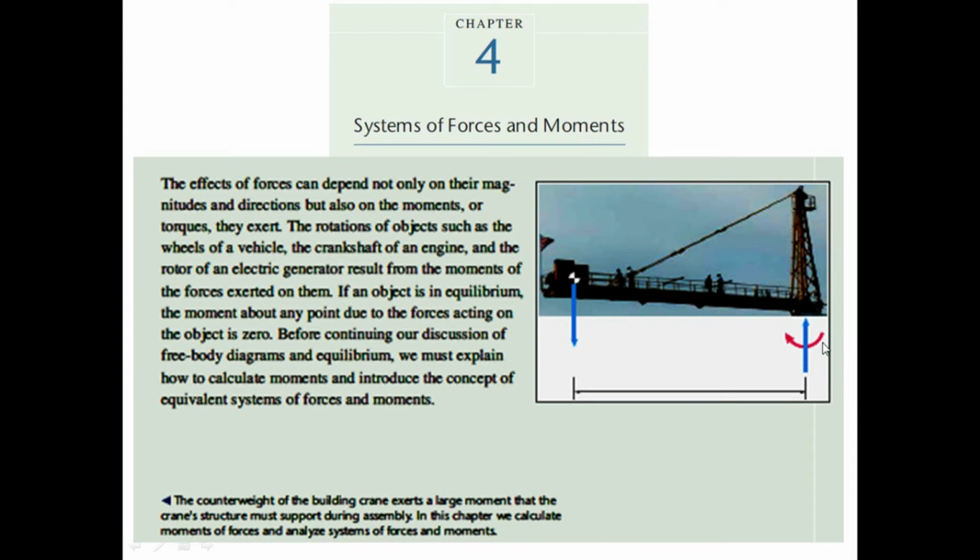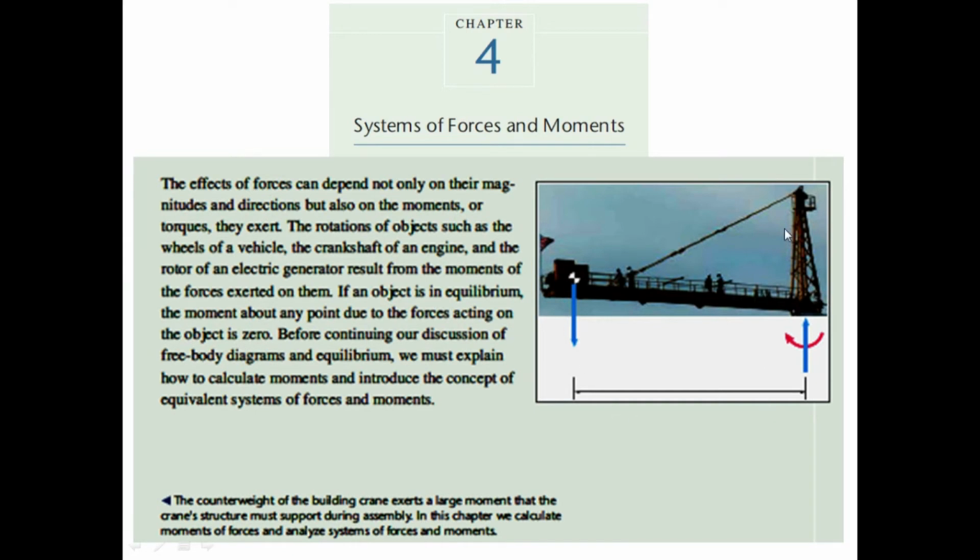It is a moment reaction, and because you want your deck to be in equilibrium, one moment will be generated because of this force times perpendicular distance, but if this moment is not there, this horizontal deck will start to rotate in the anti-clockwise direction.